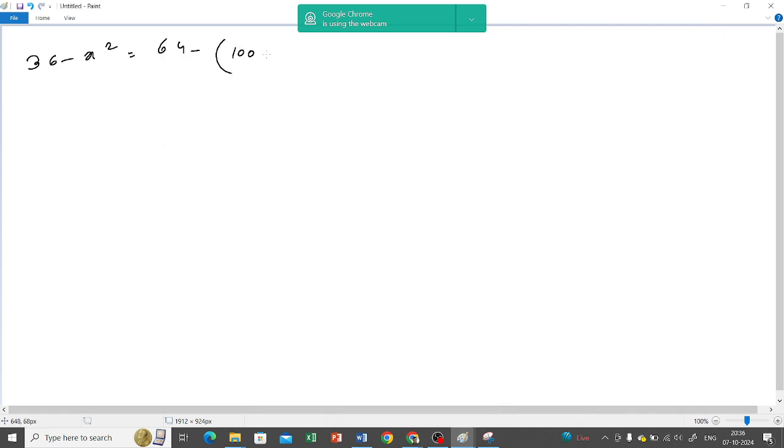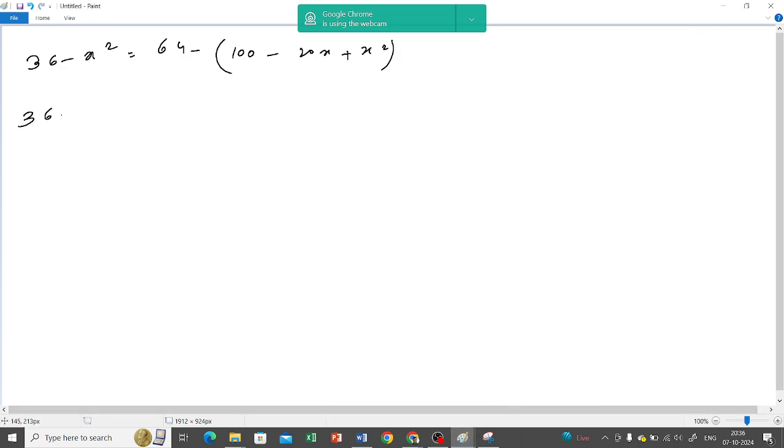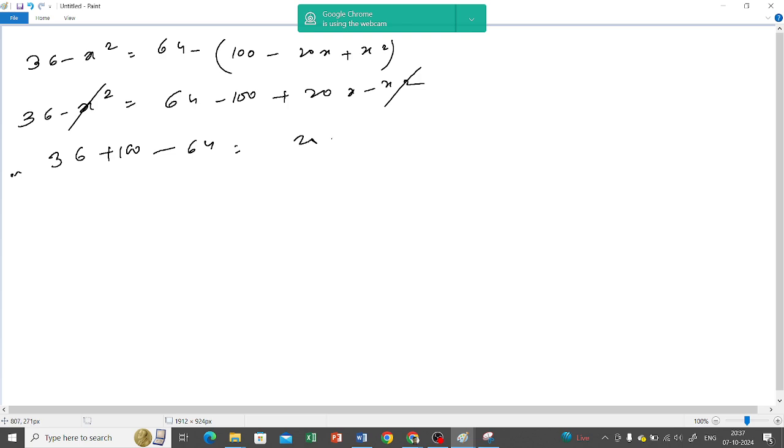That is a square minus 2ab plus b square, right? Okay, this x square gets cancelled out, right? And this one comes this side, this one comes this side. This is 136 minus 64 equals 20x.